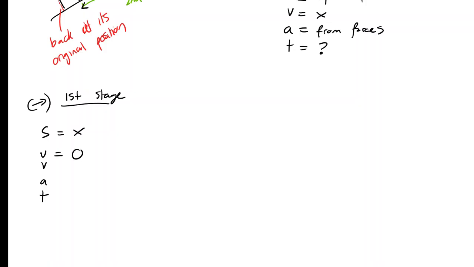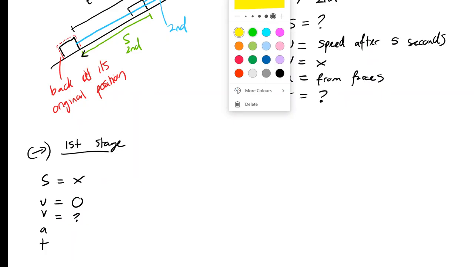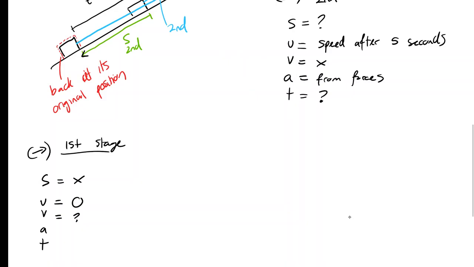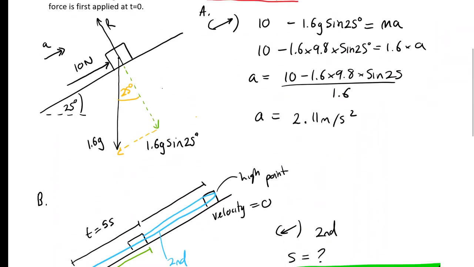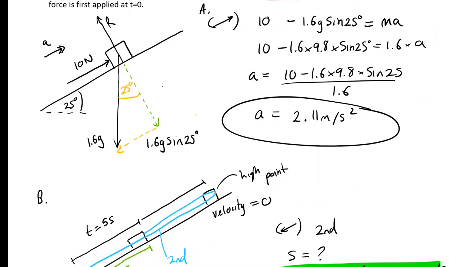The initial speed's 0, the whole problem starts from rest. V we would like to know, because the speed at which this ends the first stage is the same as the speed at which it starts the next. The acceleration here is 2.11, because in that first stage the 10 Newton force is applied, so the value we got back here does apply to that stage.